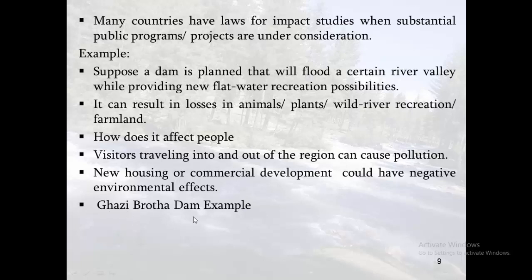And we find the Ghazi Brotha Canal, from Ghazi to Brotha, a 72 kilometer canal, about 100 meters wide and very deep, but it has been very technically planned, and we see the water level is the same in the whole canal, and arrangements have been made for the seepage from this canal, and the water which leaks from this canal is thrown again into this canal.